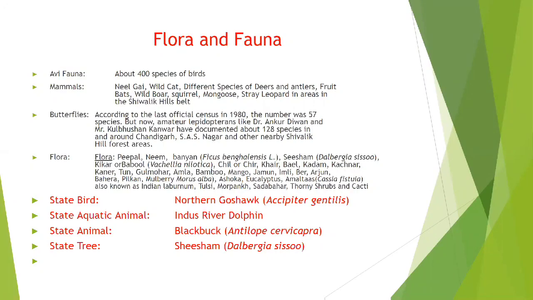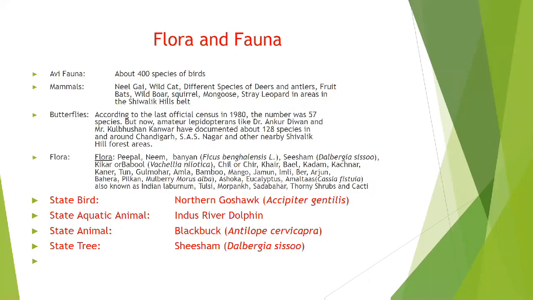The state bird is northern goshawk, Accipiter gentilis, which is known as baz in Punjabi. But at least I have not been able to locate it anywhere in Punjab. And many amateur bird lovers also claim that it is not found in Punjab.